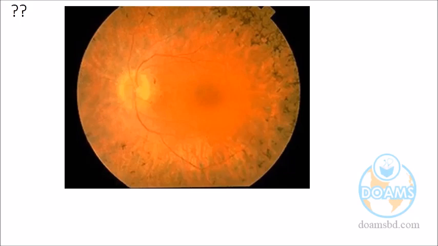No, these are attenuated vessels, thin vessels, right? But above the disc, is the appearance normal? No, this is also not normal. This is called waxy disc. So this is also optic atrophy. What will be the term of the optic atrophy again? Primary, secondary, or consecutive?